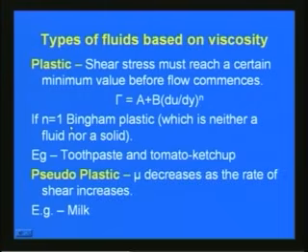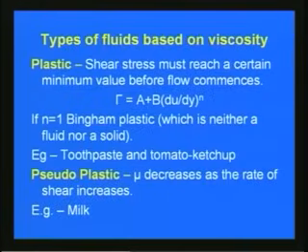A plastic fluid is said to be a Bingham plastic, which is neither a fluid nor a solid, when n is equal to 1 in this relationship. For example, toothpaste and tomato ketchup are examples of this kind of plastic or Bingham plastic fluid.